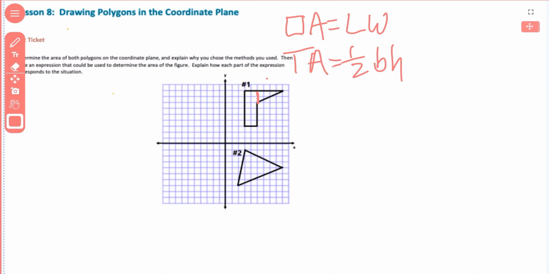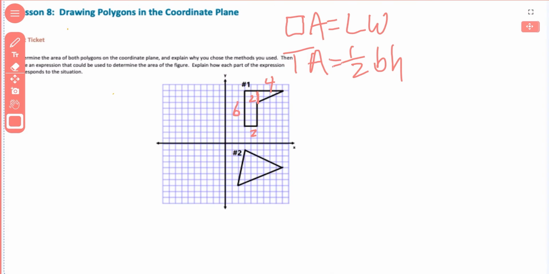I got 4. So if we say 4 here, what's the base then? 2. Now, what is the width of the rectangle? 2. What's the length? I got 6.